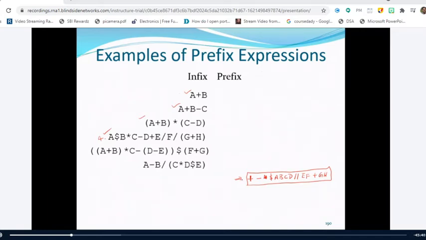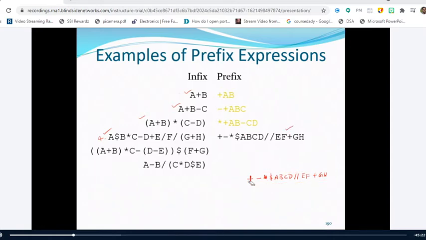We'll leave this to check whether we have done it correctly or not. The solution is plus minus star dollar ABCD division EF plus D. So we got the correct answer.